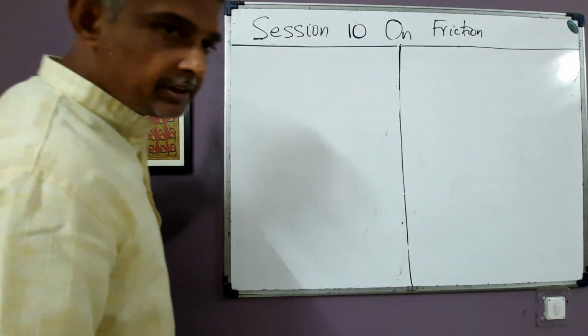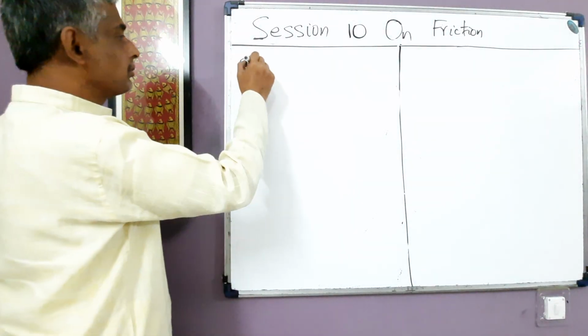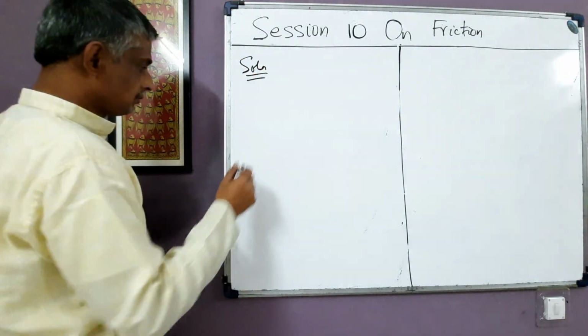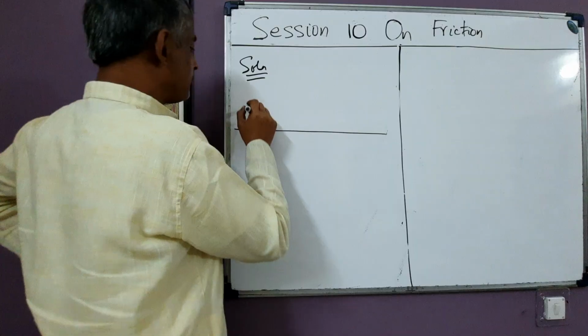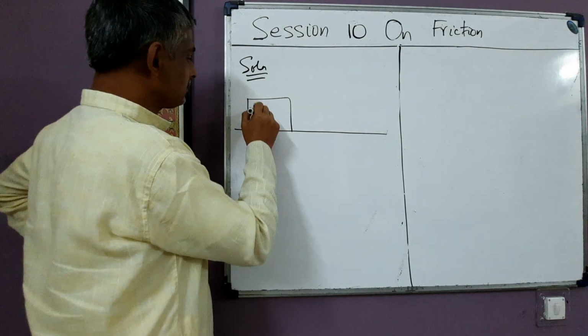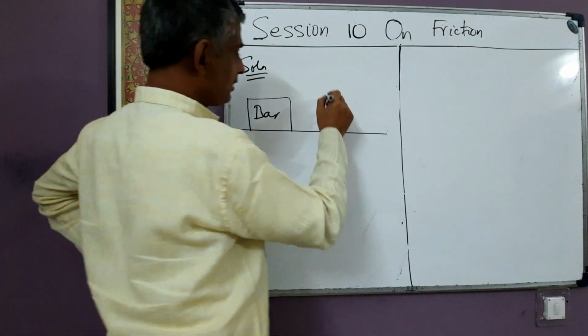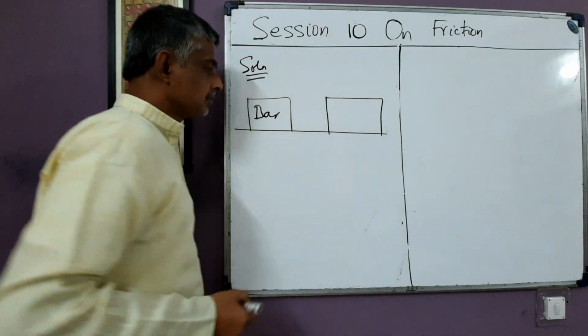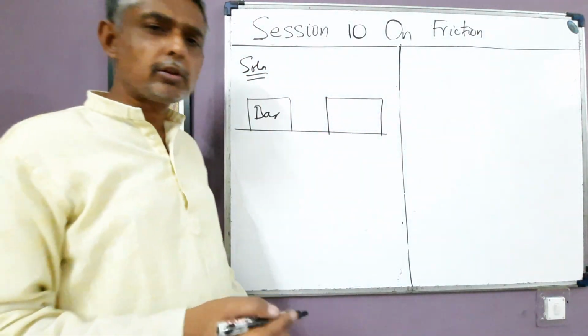First I'll draw the diagram and then I'll solve the problem. See, this is the bar. This is the side view of the situation. Here there is a block on which there is a battery, motor, all those things.